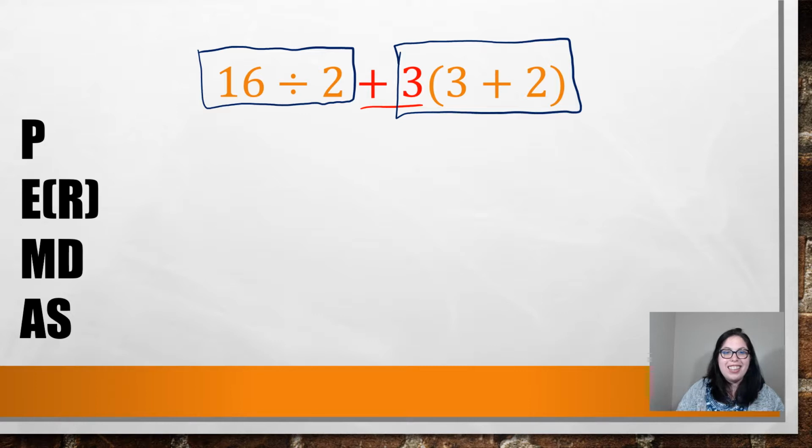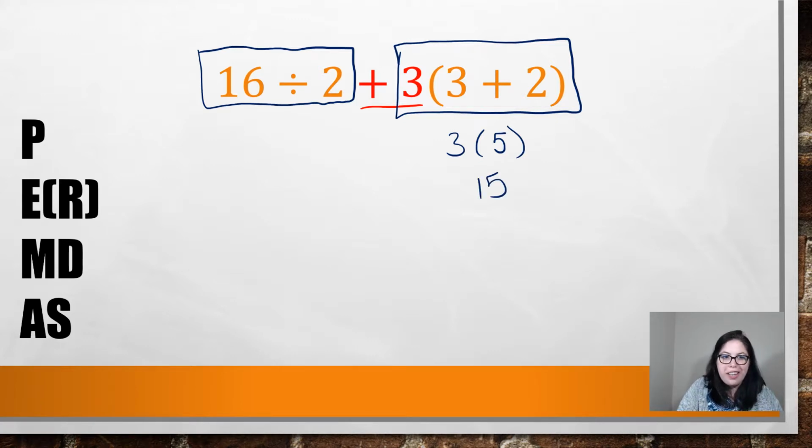And I think in the last problem, this is what people think they're looking at. They think they're looking at this. In this problem, I could distribute first. Let me show you. Put your hand over the 16 divided by 2. I'm just going to look at this 3 times the quantity of 3 plus 2. If I did what was in the parentheses first, and then I multiplied, I get 15.